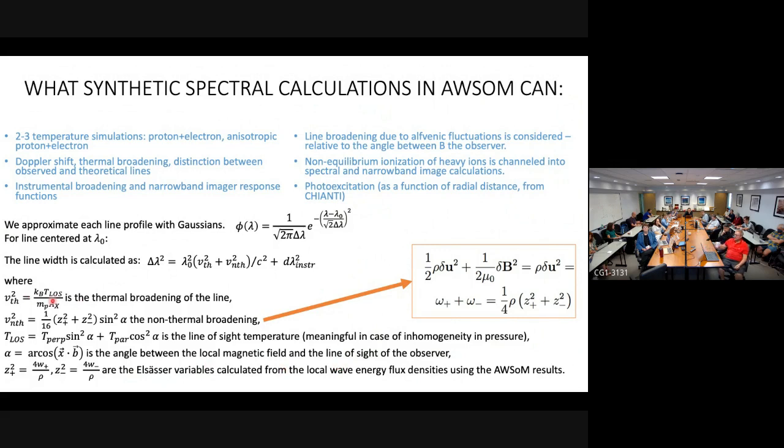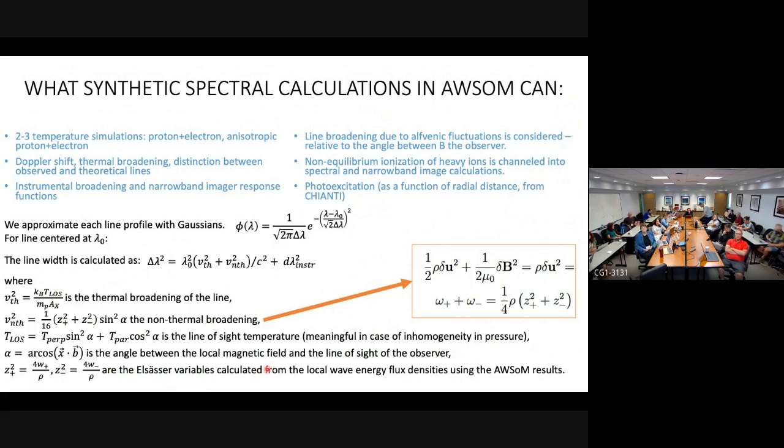Thermal broadening takes into account the angle that we are looking at, which is important for heavy ions above the 2 solar radii point of view, where you have a strong temperature anisotropy observed, for example, in oxygen lines.